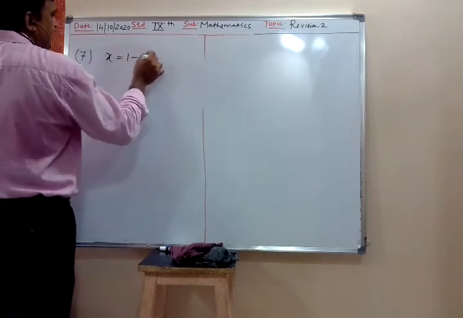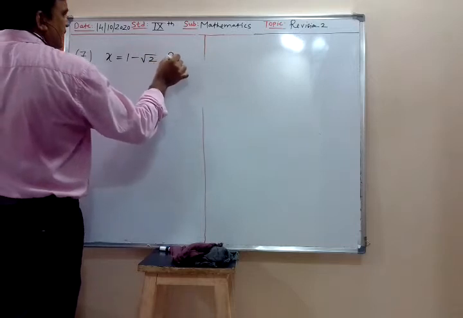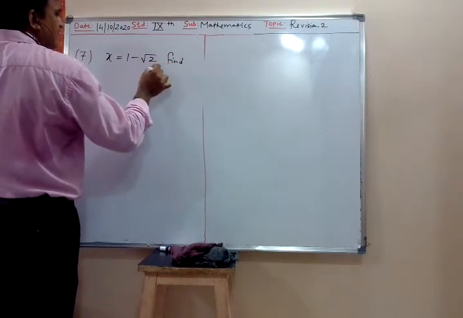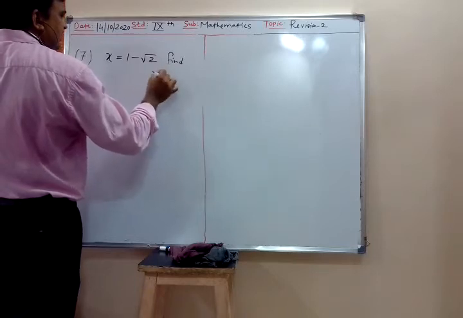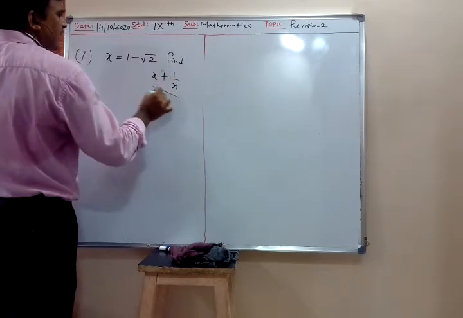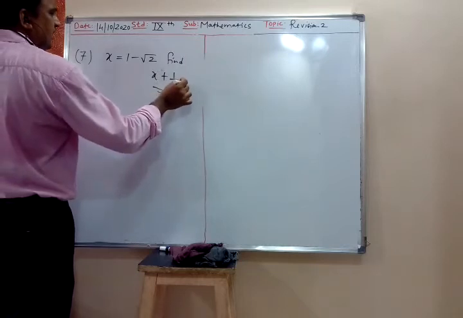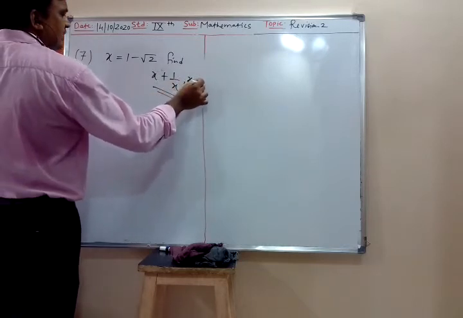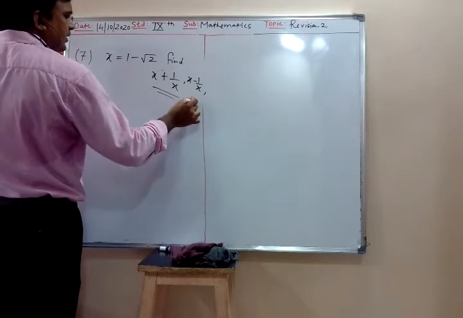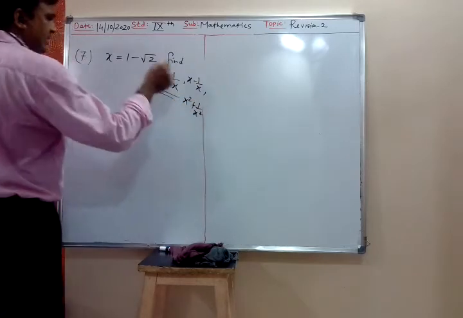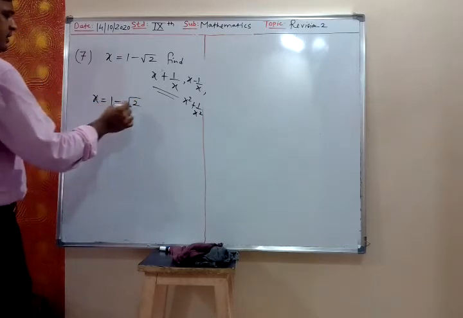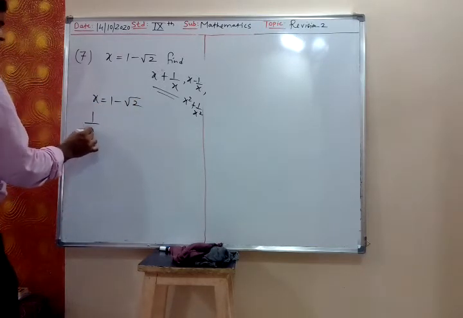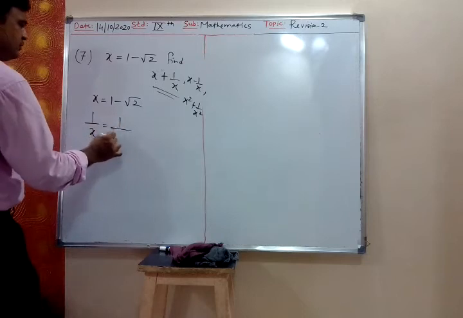One minus root 2. Find x plus 1 upon x, x minus 1 upon x. Okay. x is 1 minus root 2, so 1 upon x is 1 upon 1 minus root 2.